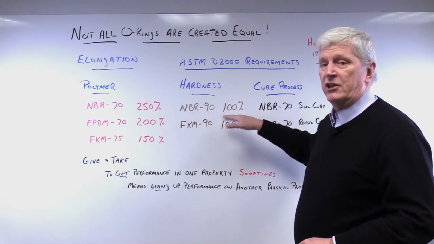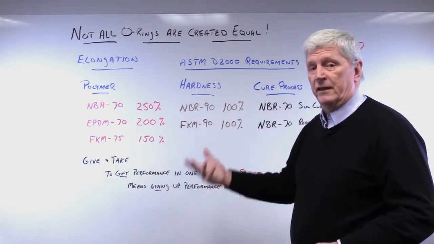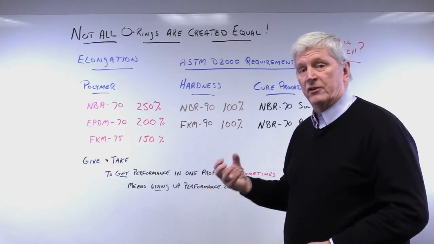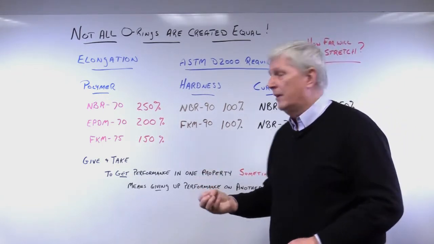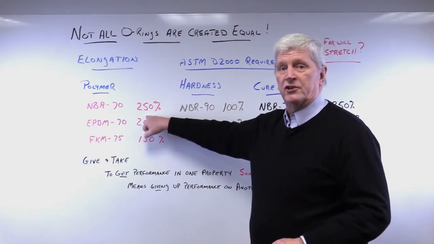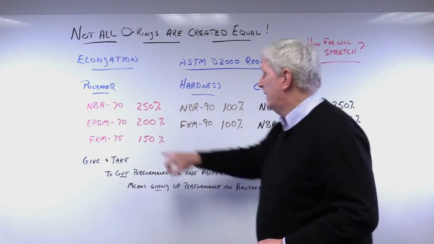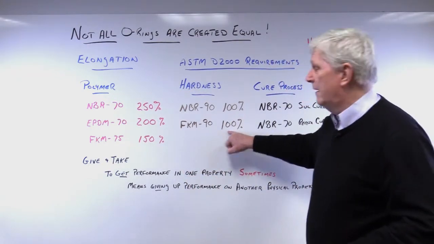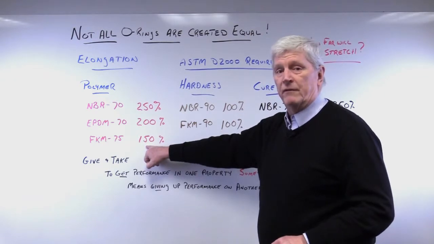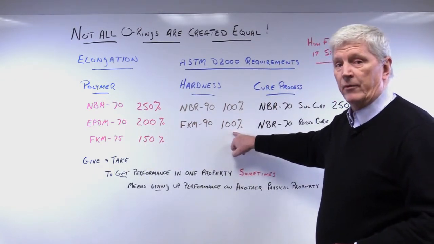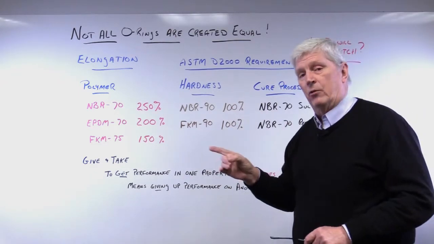In common applications for fittings and couplings and the like, 90 durometer is a common durometer because of the properties that hardness will give. But also understand you can't stretch it near as much as you can the 70 durometer nitrile. In the case of FKM, also a significant hit from 150% for a 75 durometer to only 100% for the 90 durometer.